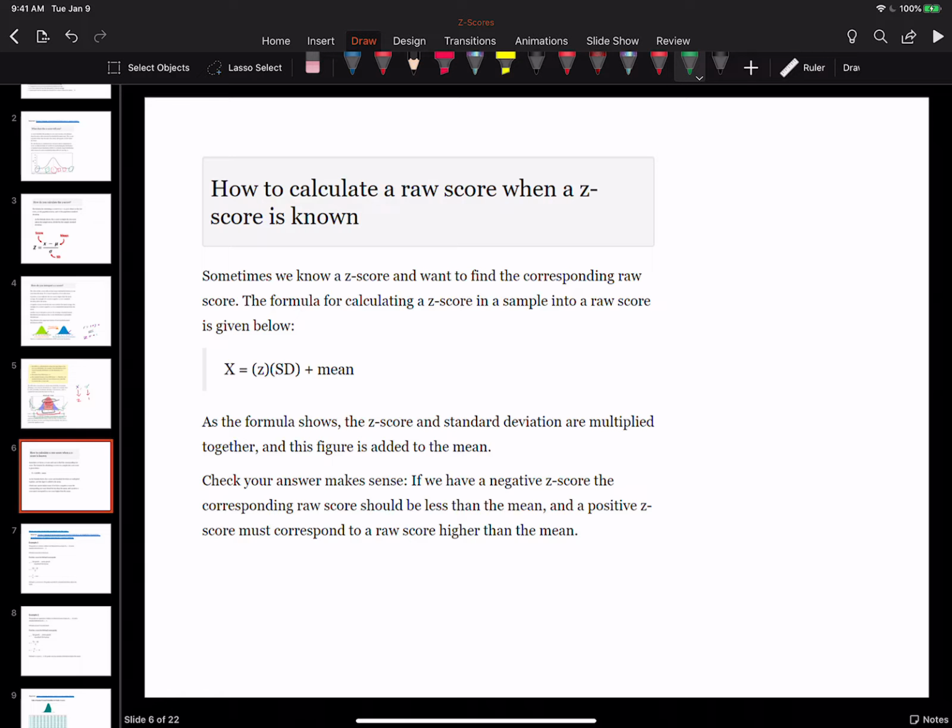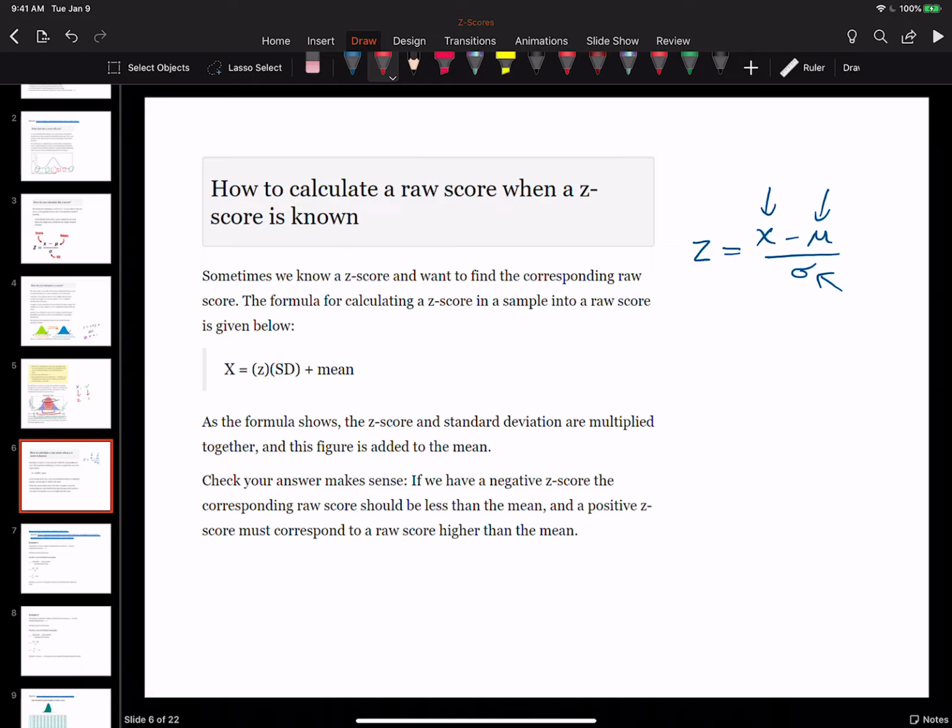Now, this is the other way around, to find the x value, the raw score, if you're given the z-score. To find the z-score, z equals x minus mu, or x bar, over sigma. So given x, the average and the standard deviation, that's how you find z.